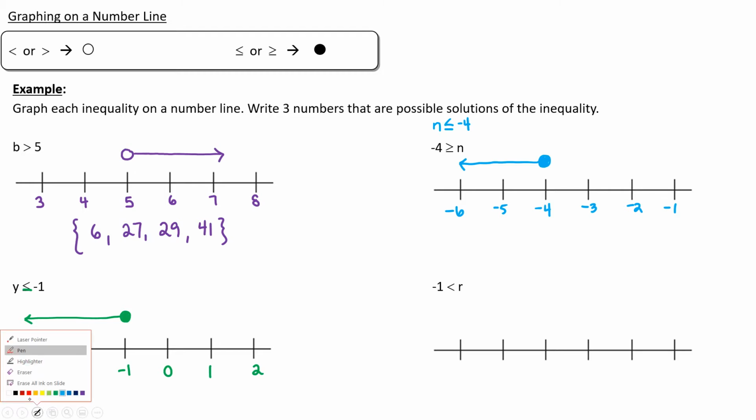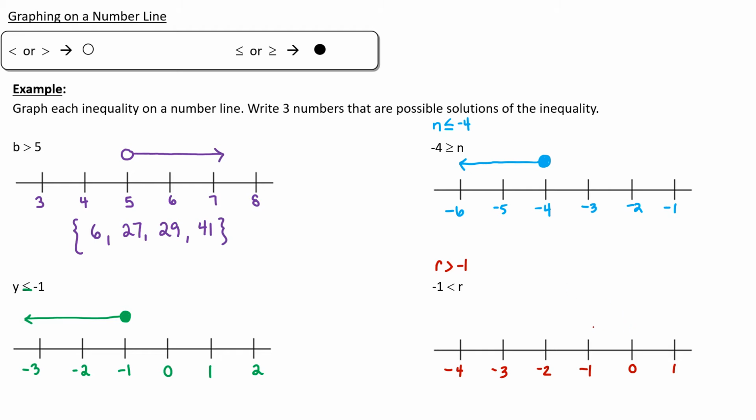And last but not least, we have negative 1 is less than r. So I'm going to flip that around. Then r has to be greater than negative 1. So I'll draw my numbers again: minus 1, 0, 1, negative 2, negative 3, negative 4.